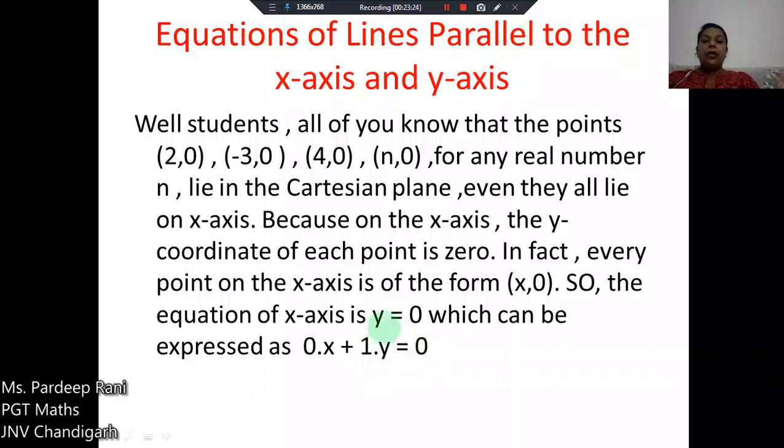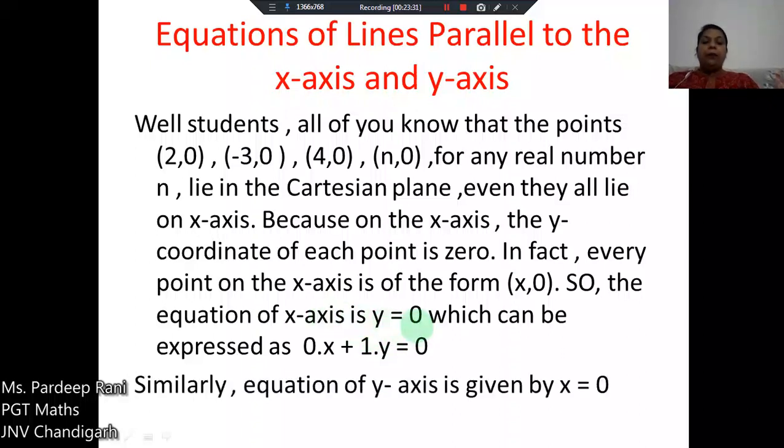But it is the easiest form to write the equation of x-axis as y is equal to 0. Similarly, the equation of y-axis will be given as x equal to 0 because all the points lying on the y-axis will be having their x coordinate as 0.